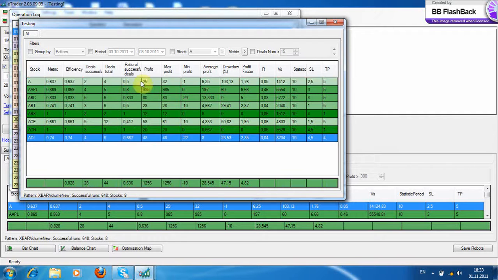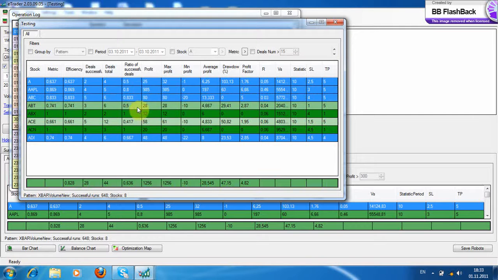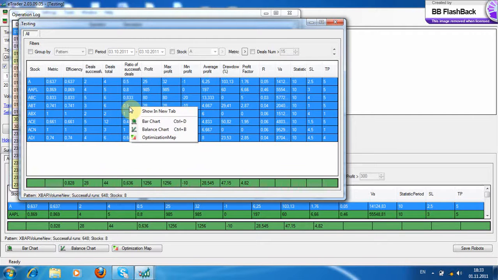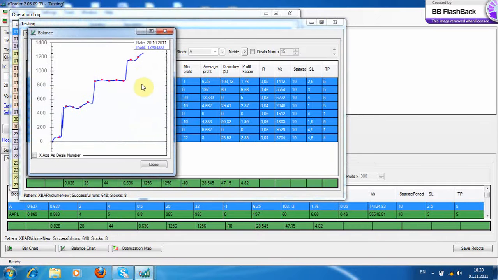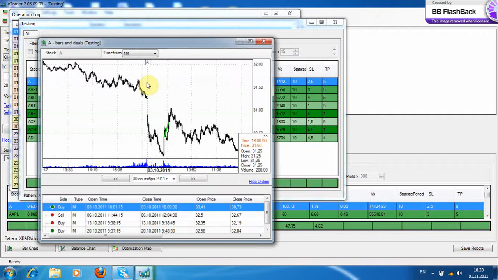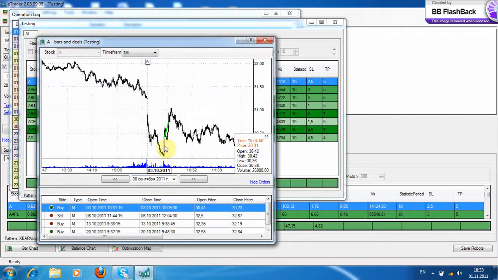That's how it looks. We can see the number of deals, the balance chart, or we can see deal by deal what took place.